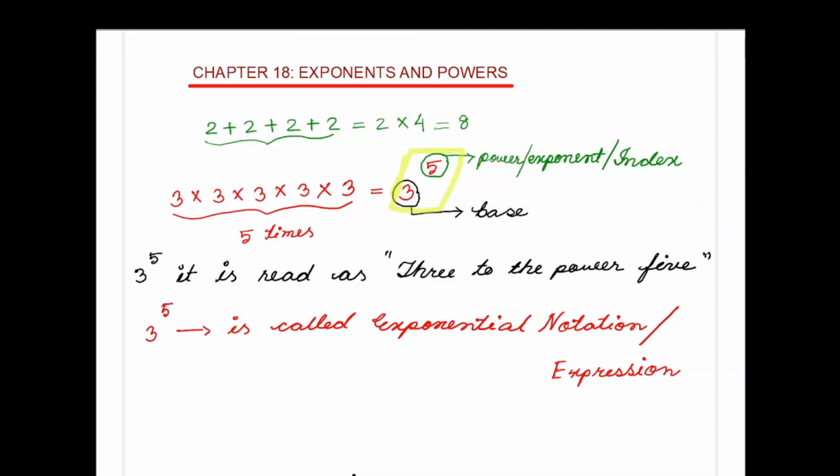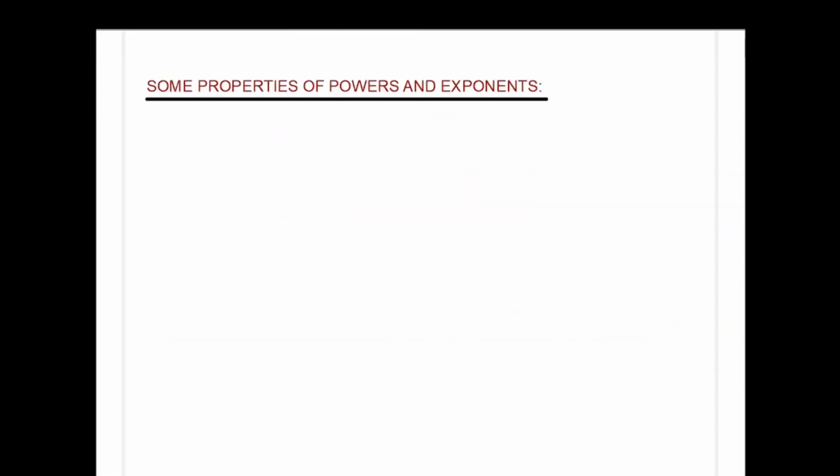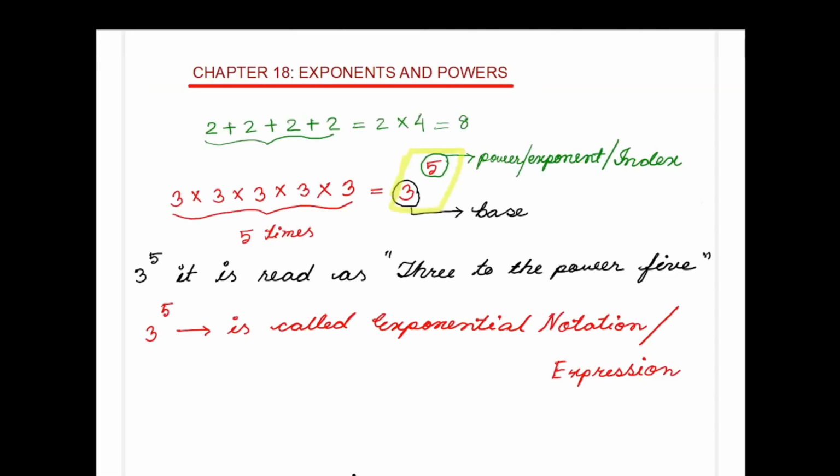Next, come to the second topic. Here we will study some properties of powers and exponents. Now see, when we multiply 3 five times, we write 3 to the power 5. Suppose one example is given, 2, and it is said to express 2 in the form of exponent.